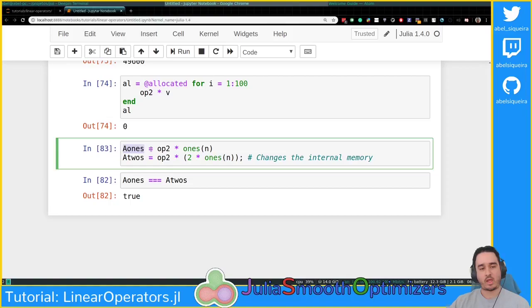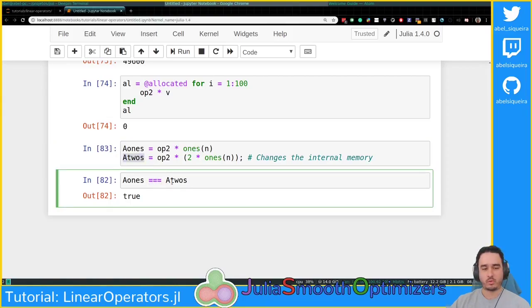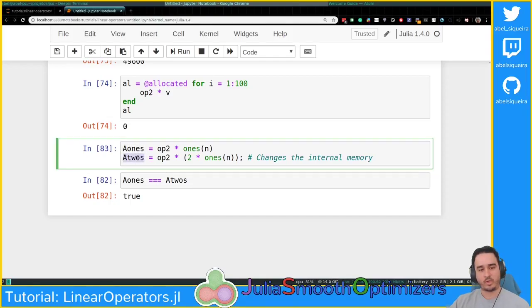So when I say A1s is equal to this, it is actually passing the reference to that internal memory, and A2s as well. So this is why this triple equals is true, because they are the same object. These are pointers to the same object.